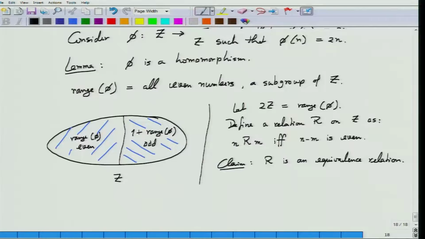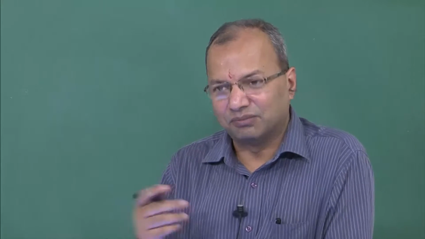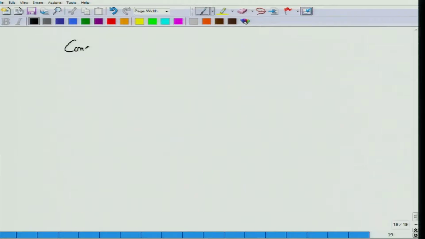Now this leads to a more general observation. This we saw in terms of Z and a particular subgroup of Z. But now let us consider a general group G and a subgroup H. And we do the same thing, just mimic that exercise, define an equivalence relation. Or first define a relation, and then show that it is an equivalence relation.